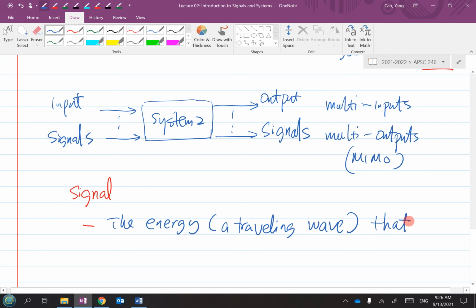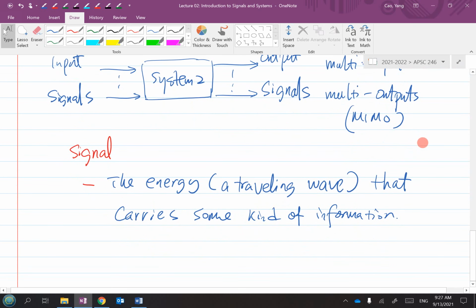Maybe it's noise, but no matter what, it carries some sort of information. Even noise contains certain information. Maybe the information is useless, but it is a certain type of information.